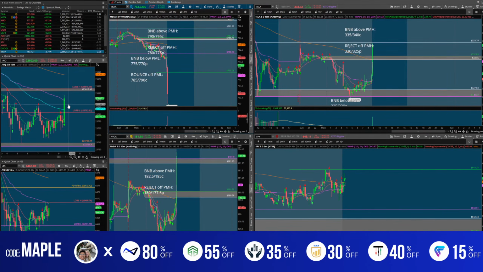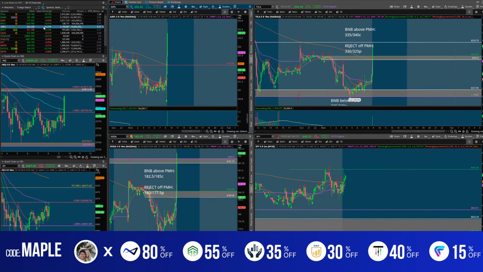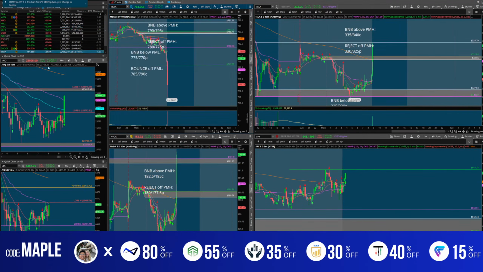And I don't really like this surge into VWAP right out of the gate. But Nvidia's moving. Apple's up.